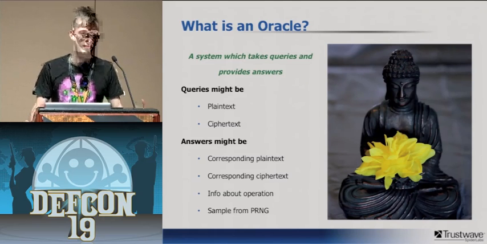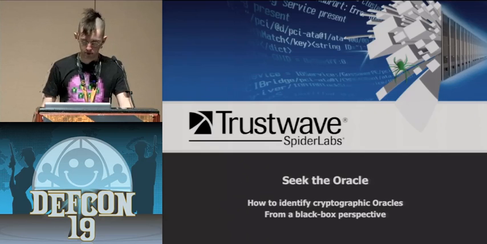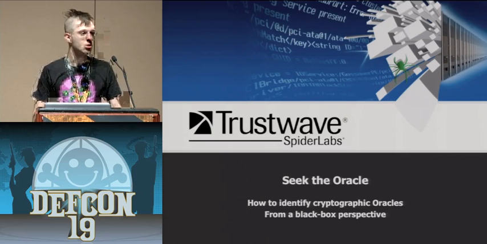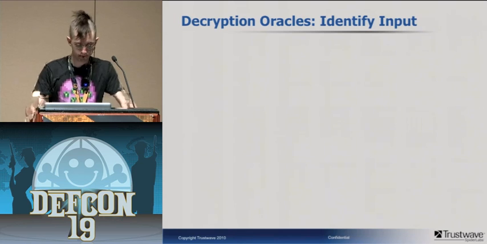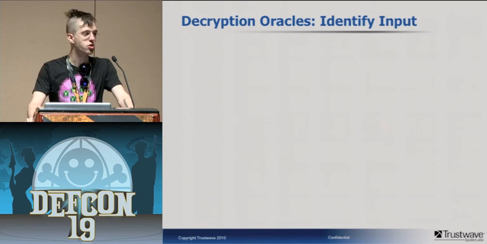So I've said the word Oracle several times, and now I'm going to give you a vague and generalized definition and then clarify a little bit. An Oracle is any system that takes in user input, processes it, and gives the output.